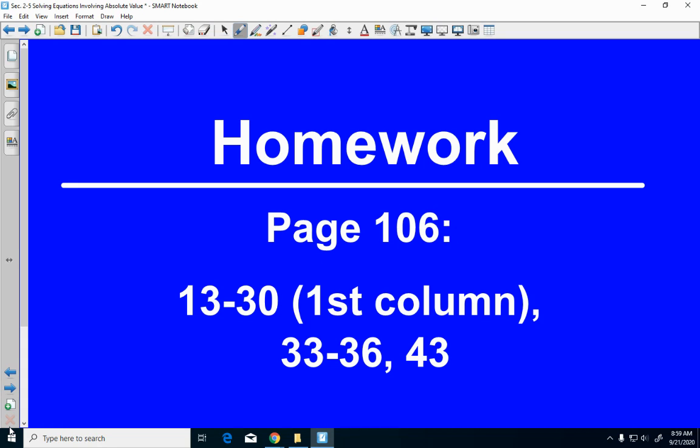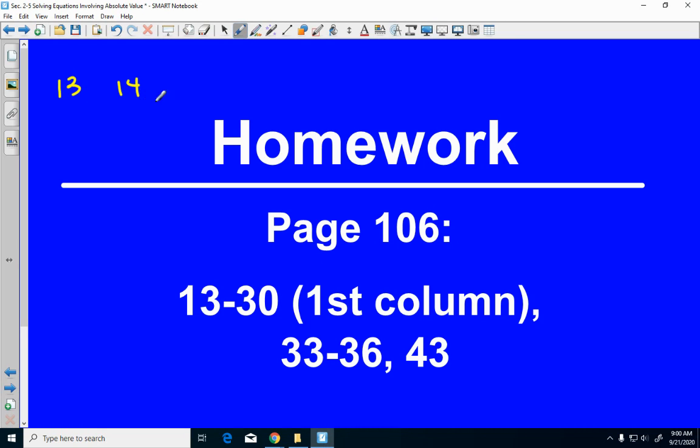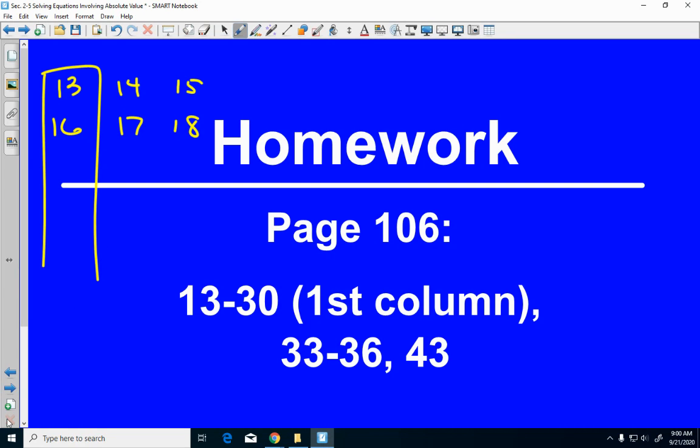So you're going to see problems like 13, 14, 15, 16, 17, 18. The first column is going to be those things over there. The very end will go 28, 29, and 30. But you're only worried about the first column. So that's just going to be the things over there on the left-hand side.